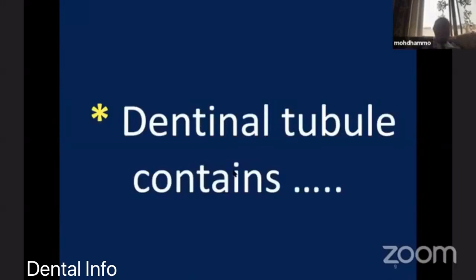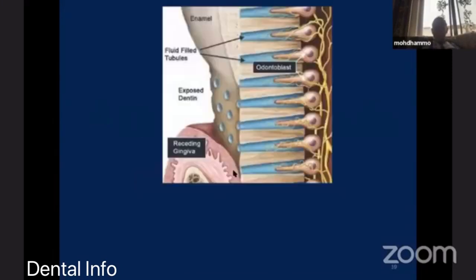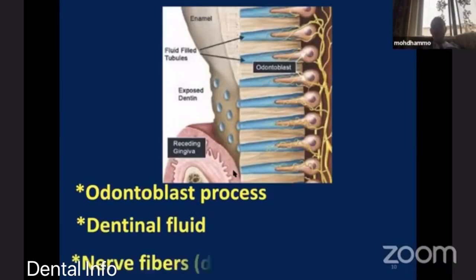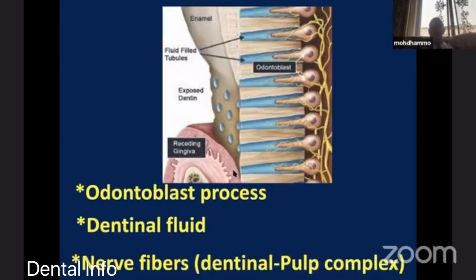Inside the dentinal tubules, we have three main parts. We have the odontoblast process, we have dentinal fluids, and we have nerve fibers, which are the dentinal pulp complex.